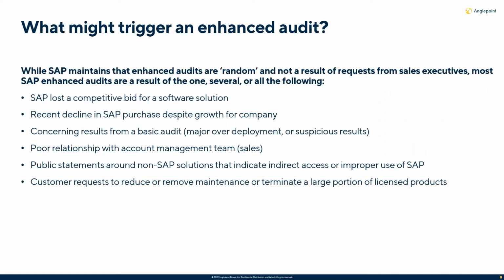If the sales executive team is in the middle of a $5 million deal, the auditors are not going to come and say, hey, we need to audit you right now, right? So they definitely coordinate to some extent. How much that is, is up to the imagination, but this is consistent as well. Typically an enhanced audit, when it's a difficult situation, the organization does not have a good relationship with their account management team.